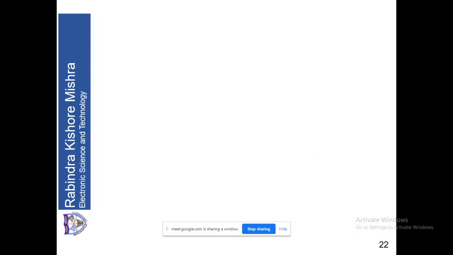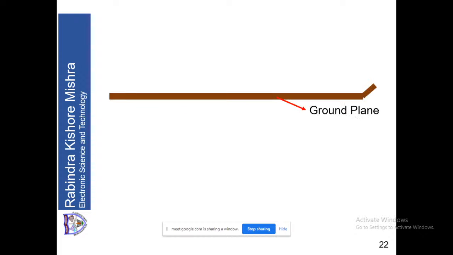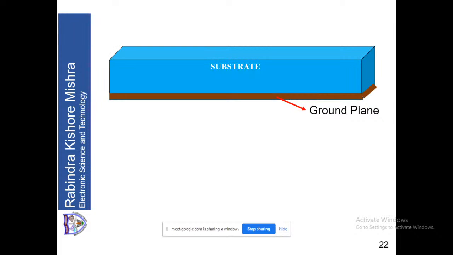In the last class, we saw what is a microstrip antenna. We defined what is a microstrip antenna, or we saw how a microstrip antenna is constructed. It contains a ground plane. Above the ground plane, there is a substrate, and on the substrate there is a conducting patch, and the conducting patch is fed.